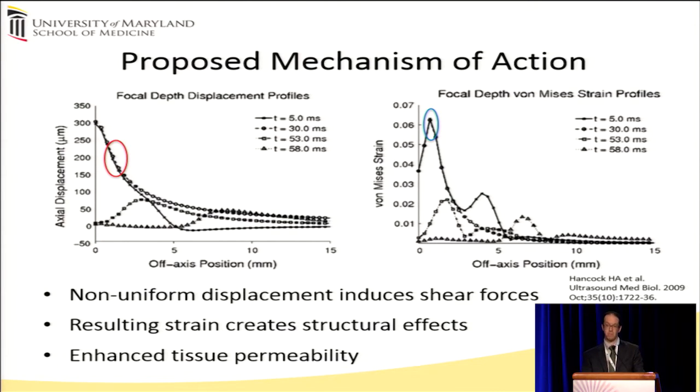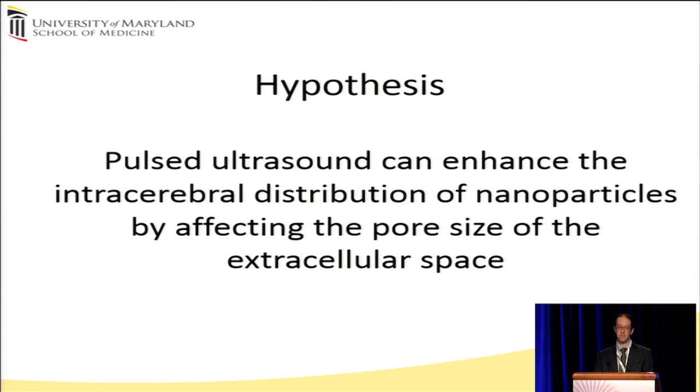The steep gradient produces strain within the tissue, resulting in mechanical disruption of the structures that occur at the cellular interfaces. Our hypothesis was that by a similar mechanism, pulsed ultrasound could be used to generate non-destructive structural changes within brain tissue, producing large pore sizes within the brain extracellular space.